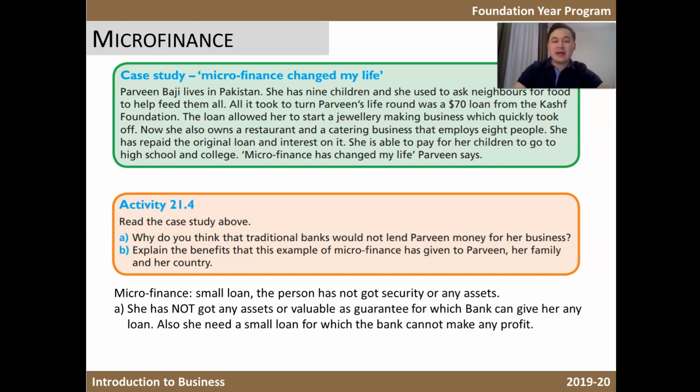So that means that the bank will be assured that if you fail to give back the money that you borrowed from them, they will actually take that particular asset away from you and sell it, and that the deal actually will be higher than the original money that you borrowed. So that's what traditional banks do. If you do not have such an asset, then microfinance organizations may actually be a key.